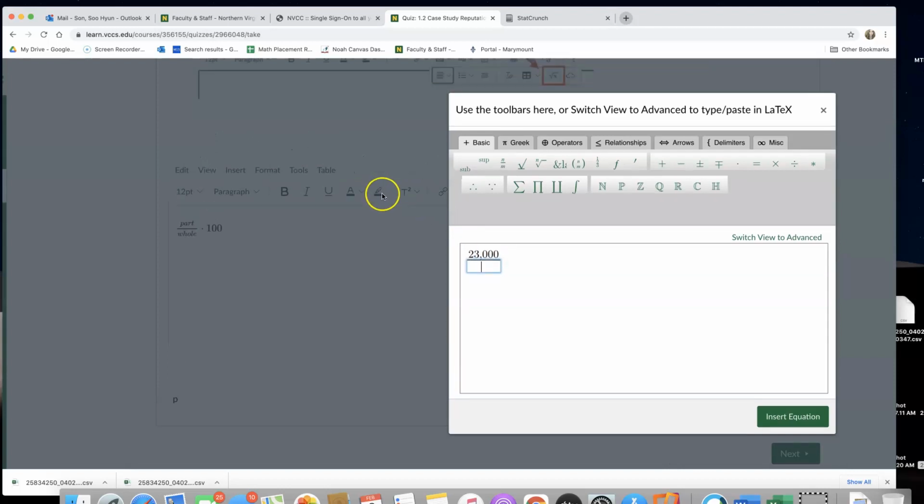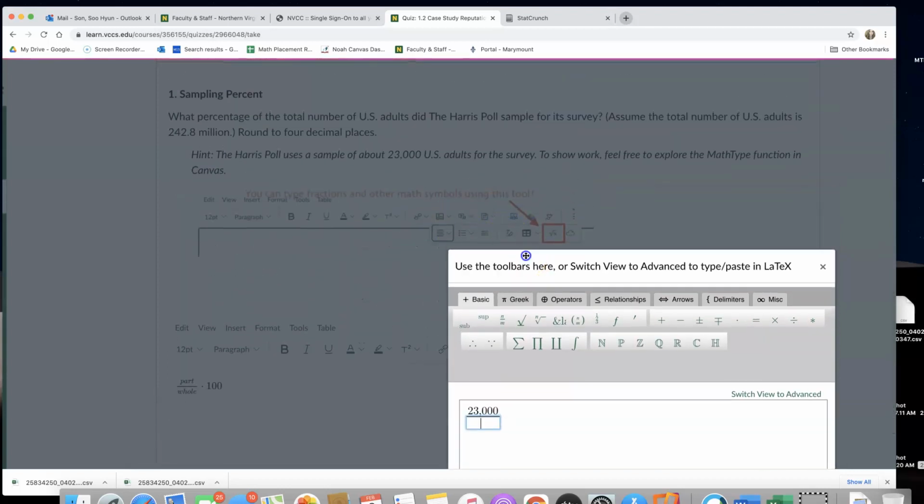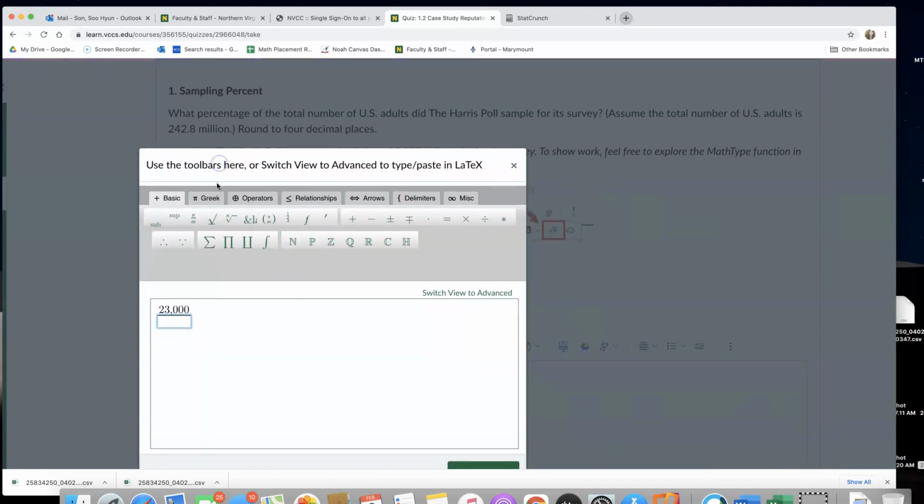Let me go up real quick because I forgot the number of US people. Look, there are 242.8 million. But I cannot just say this. That is saying 242.8 people. I need to make sure I add in enough numbers after the 8 and get rid of this decimal so that it is 242.8 million.